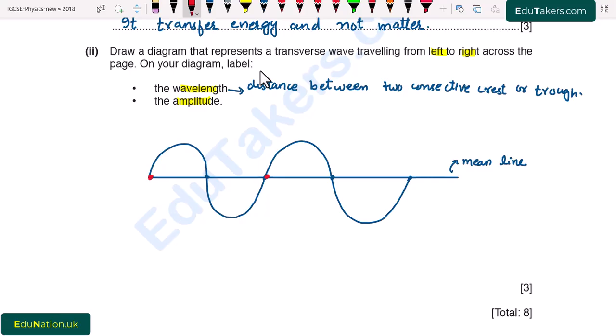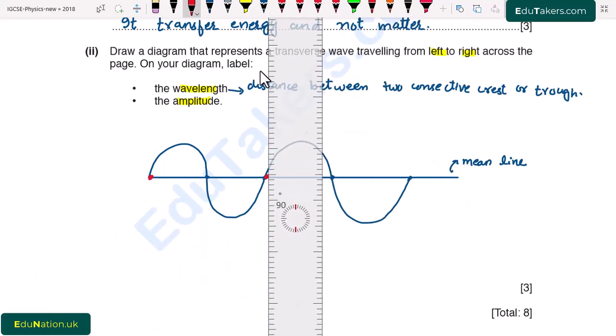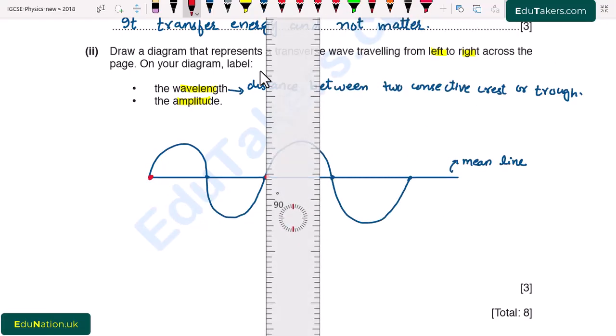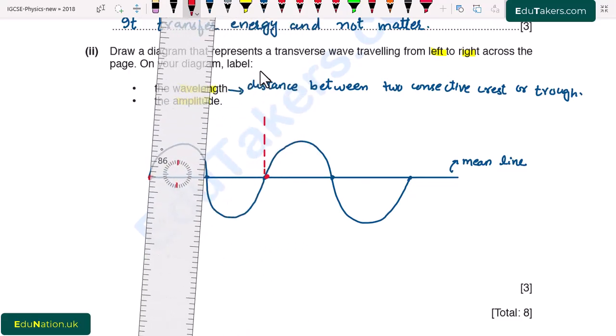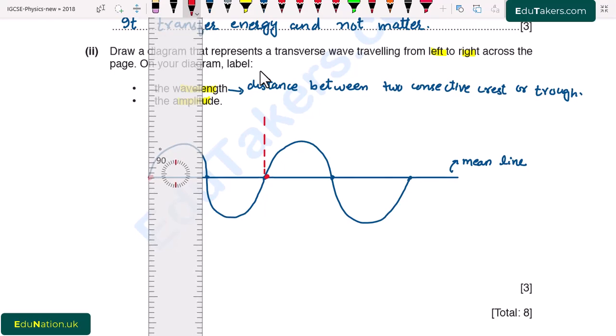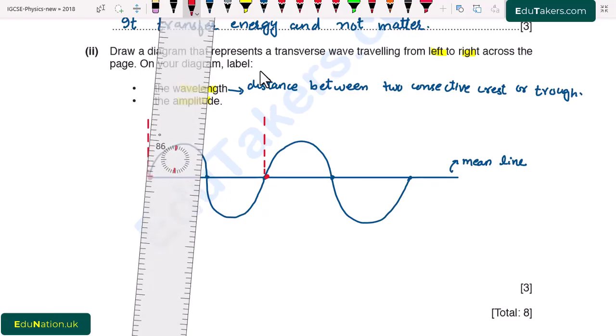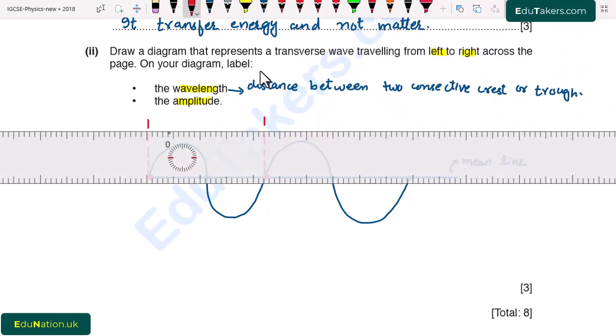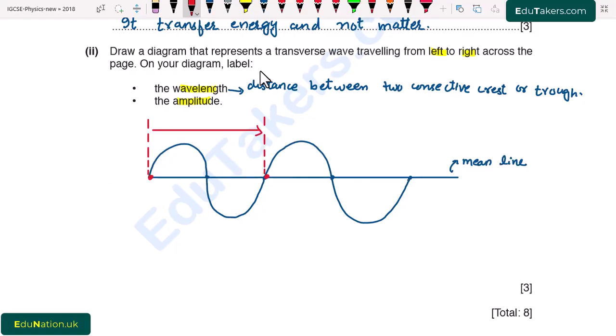So this distance is basically equal to wavelength. I label it. So this is wavelength.